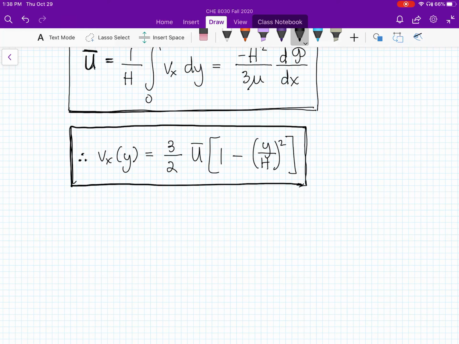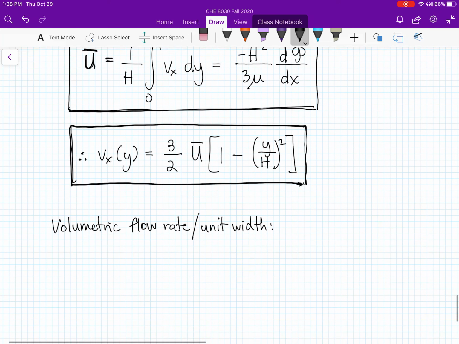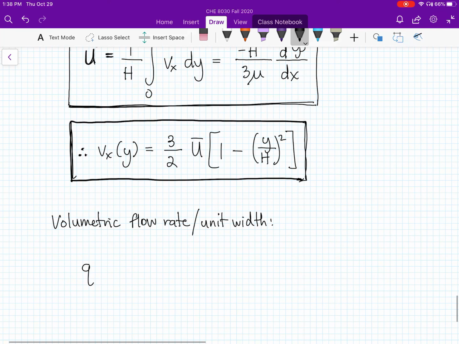I can also calculate a volumetric flow rate per unit width. I can do that with the following equation.